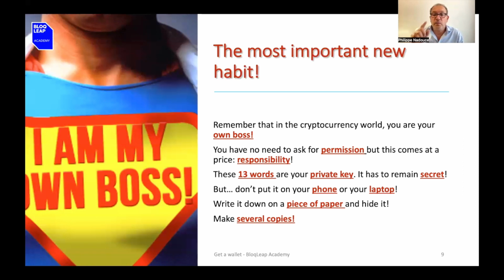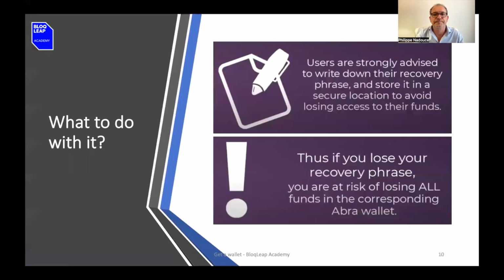Right, and important, once you write these 13 words on a piece of paper, make several copies. Hide one in your room, hide one in your dad's office or your dad's safe, or your mum's or your grandfather's or whatever. Try to have several copies of them, okay?